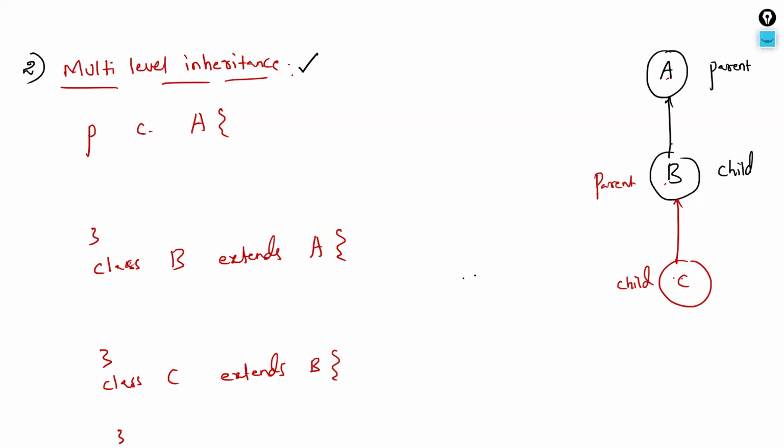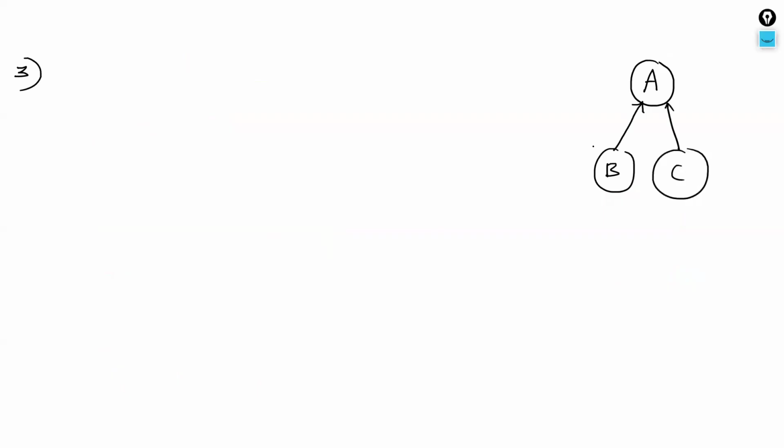So then the third one: is it possible to have one parent class and multiple child classes? For class A, one child class B. For class A, another child class C. Is it possible?